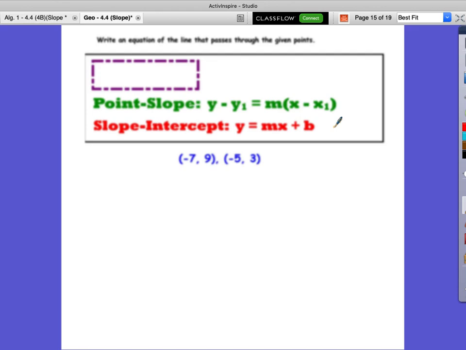The order matters by which y you put first. If I put 3 first, I have to put negative 5 first. If I put 9 first, I have to put 7 first. Your slope is right.